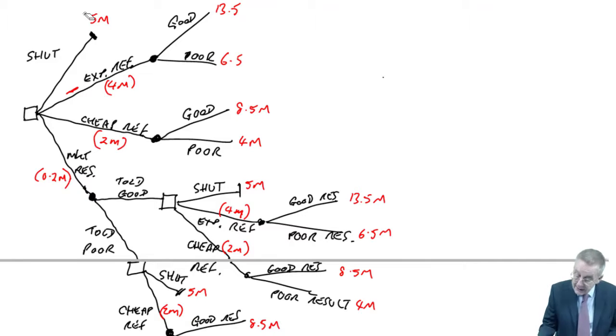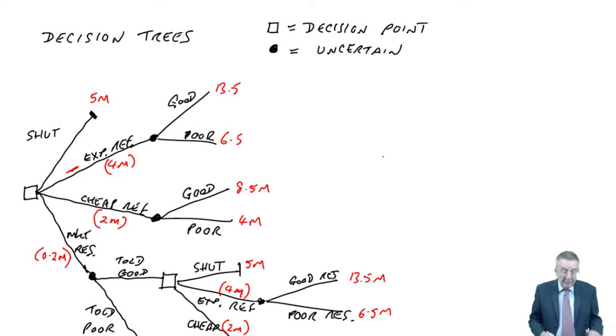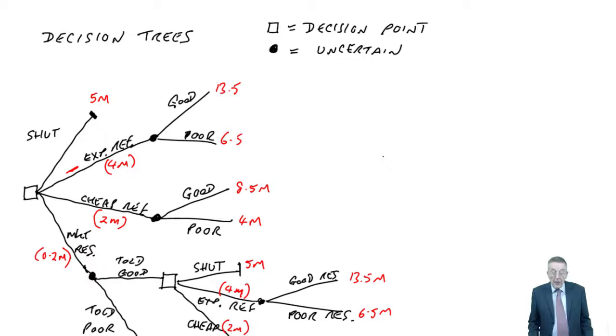It might be this, it might be that. And so I'll put this in a different colour to try and hopefully make it clear. Back down the tree again. Shutting is irrelevant, no probability involved, but expensive refurbishment, maybe good, maybe poor. Where are we? Halfway down the question. In either case, the probability of the refurbishment achieving a good result has been estimated to be 2/3.